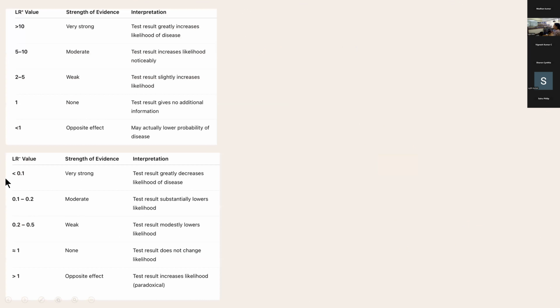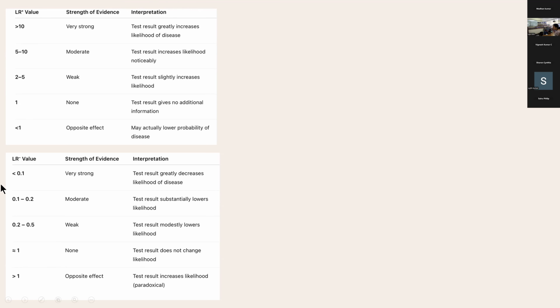Now, remember, I had shown this table last time. The higher the positive likelihood ratio, the stronger the evidence can be. More than 10 is very strong; the test result greatly increases the likelihood of the disease.